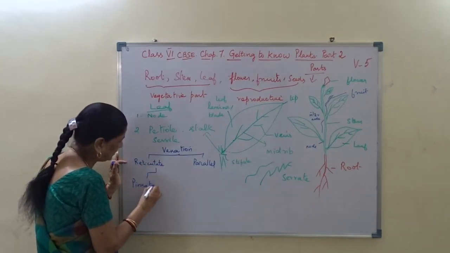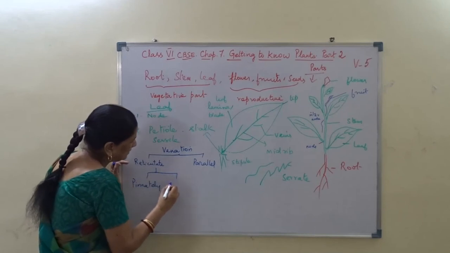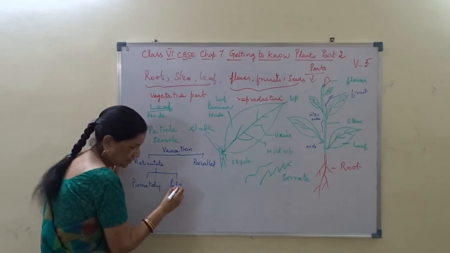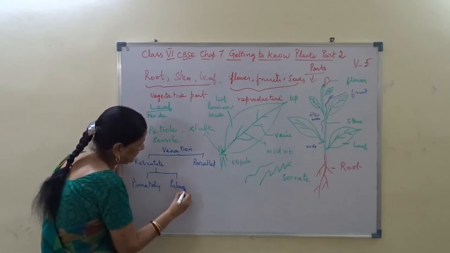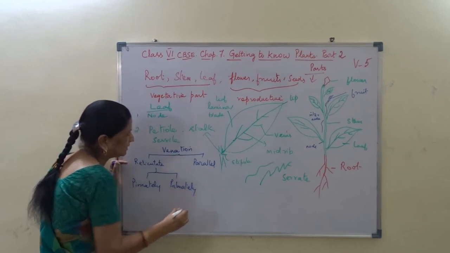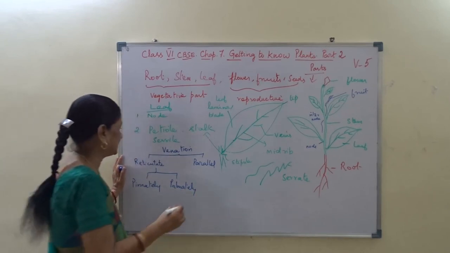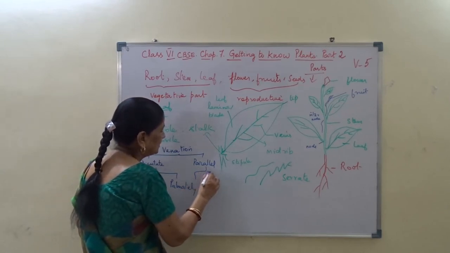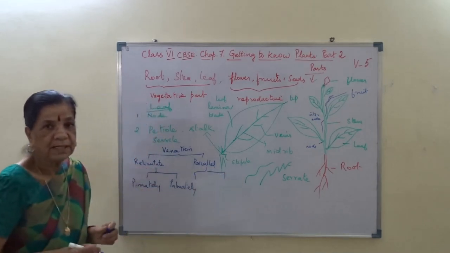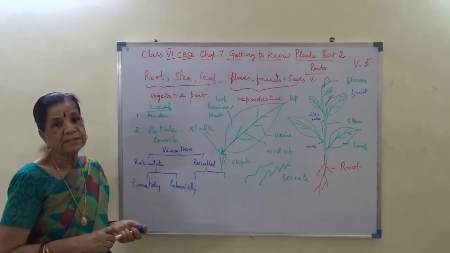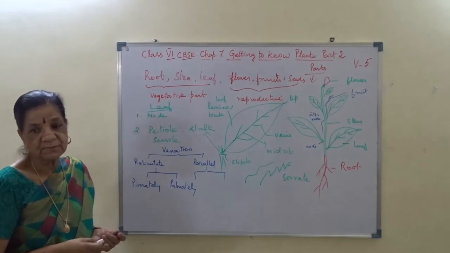Further, reticulate venation is divided into pinnately reticulate and palmately reticulate. In the same way, here also it is pinnately parallel and palmately parallel. What does it mean?